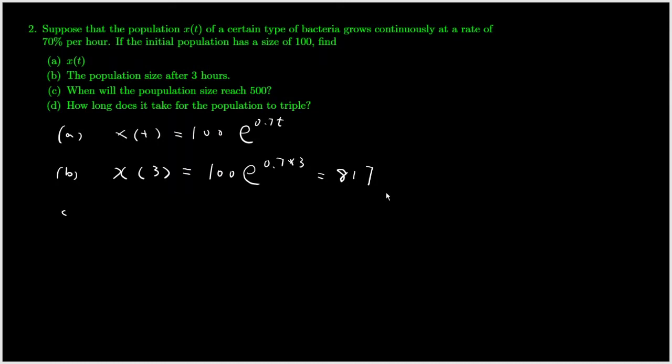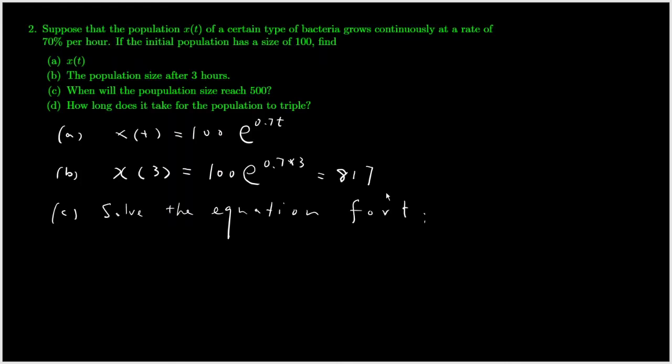Now let's look at question C. In question C, we try to determine when the population size will reach 500. To do that, we are going to solve an equation for t. We are looking for time. When will the population size reach 500? Now we solve the following equation for t.